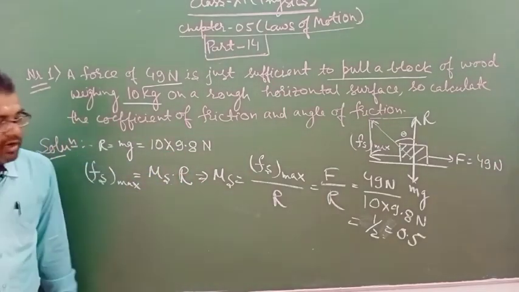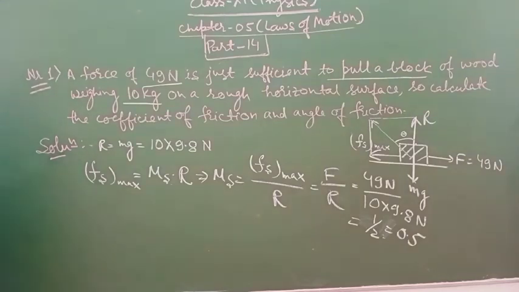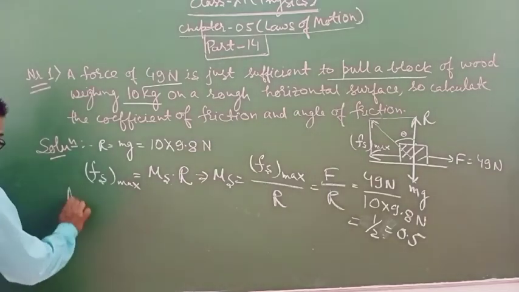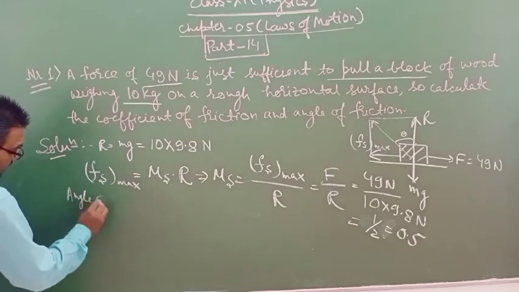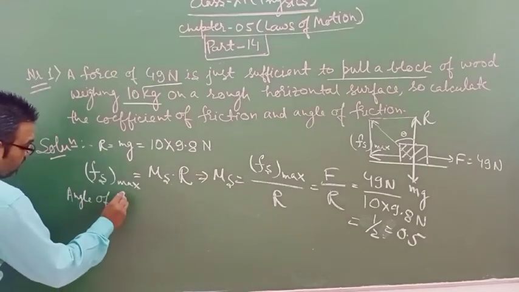Now we have to find out the angle of friction, and as you know, for the angle of friction, tan theta is equal to mu.